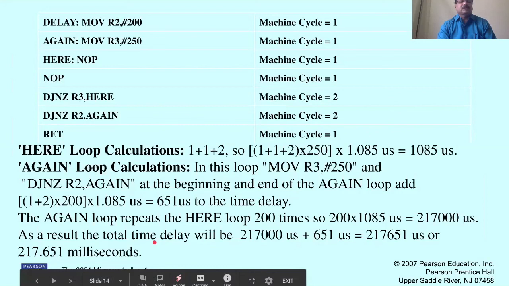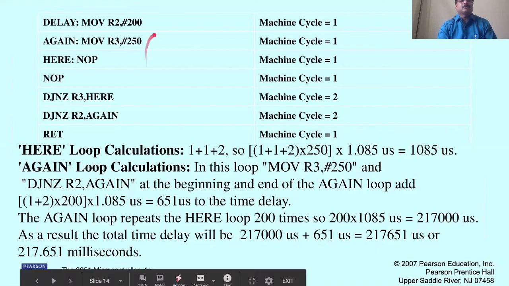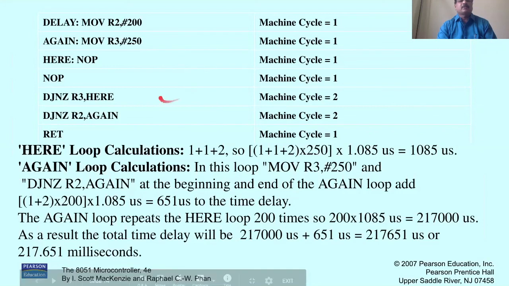So that's how you can calculate the exact time delay for any delay routine, or you can add the delay as per your requirement by increasing the count and increasing the loops. So that is how you can use nested loops to add more delay in the program.